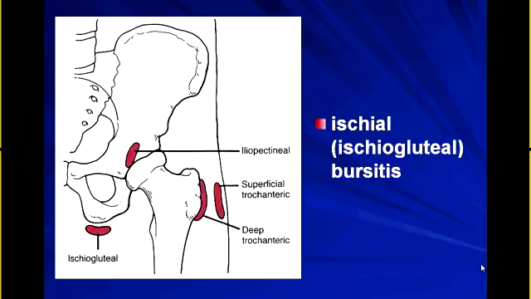It is a fluid-filled sac whose job is to prevent rub. So the cause is either a fall onto the buttocks, a traumatic event, or chronic sitting. Individuals who spend a lot of time sitting can get this, and certainly obesity is a factor as well. The heavier, the more friction created, and the more problematic.